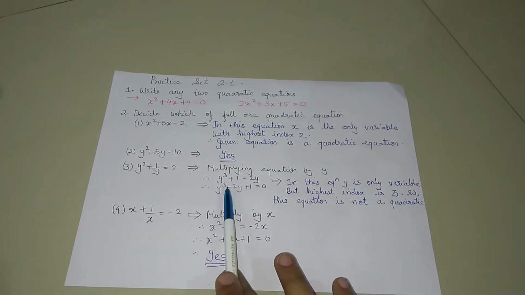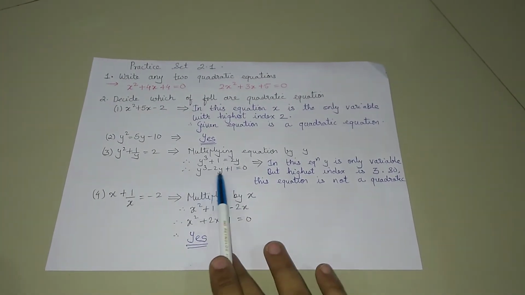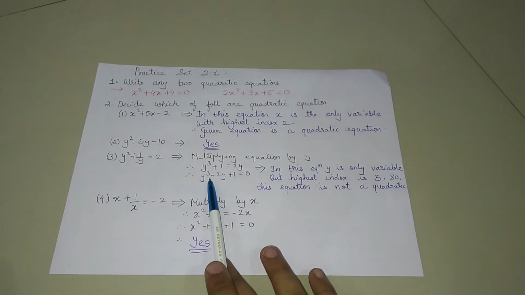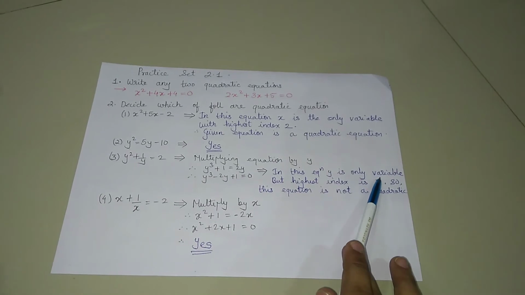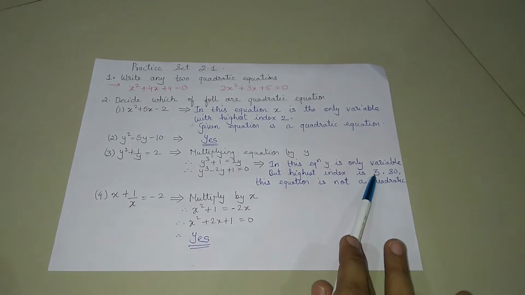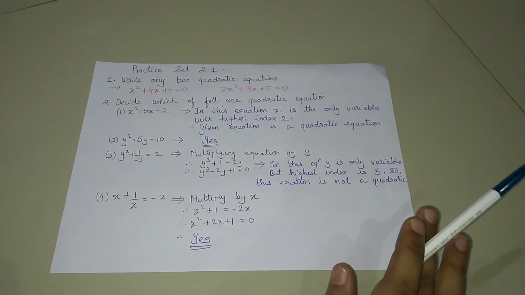This 2y will come to this side: y cube minus 2y plus 1 equals 0. If you see carefully, the power here is 3, so this is not a quadratic equation. You can write that in this equation y is the only variable, but the highest index is 3, so this equation is not a quadratic equation.